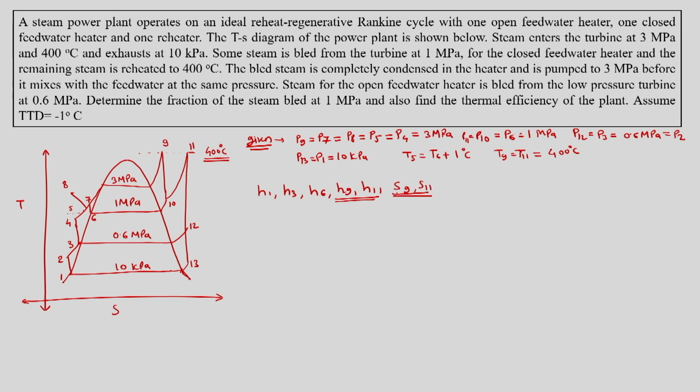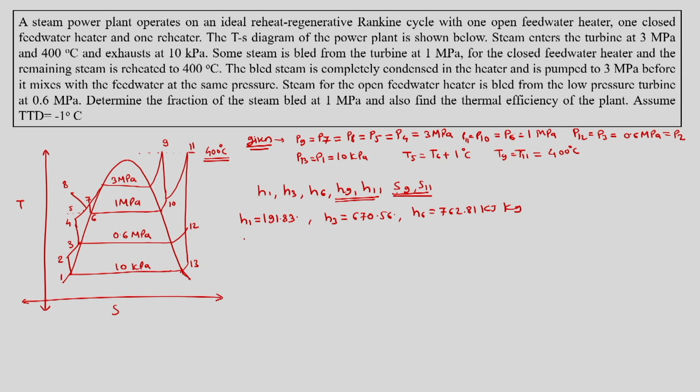So we have H1 equal to 191.83, H3 equal to 670.56, and H6 equal to 762.81 kilojoule per kg, all have the same units.